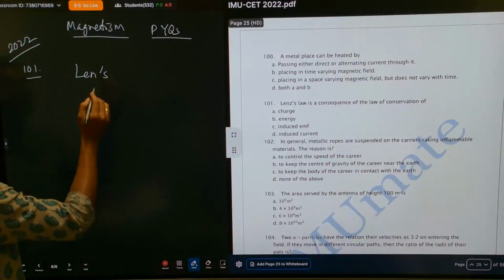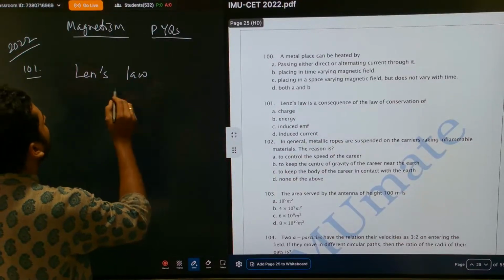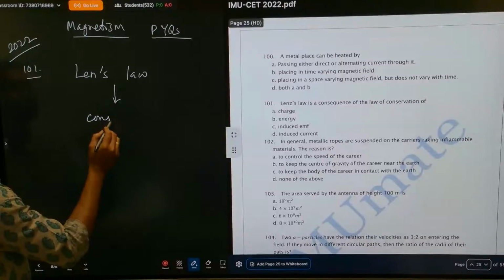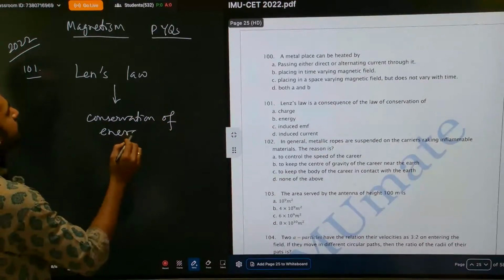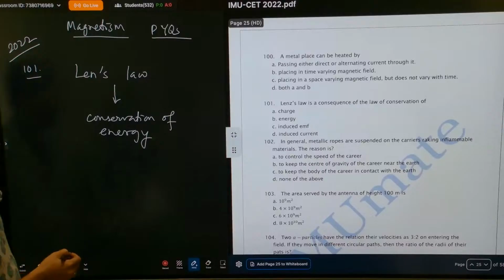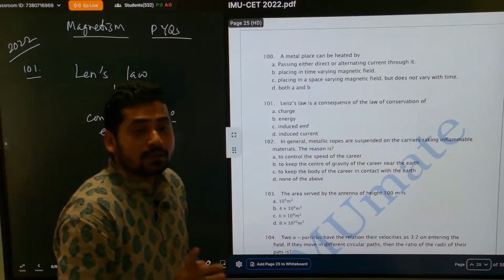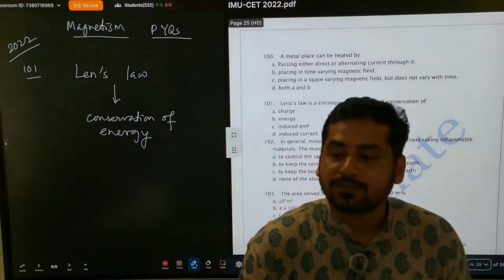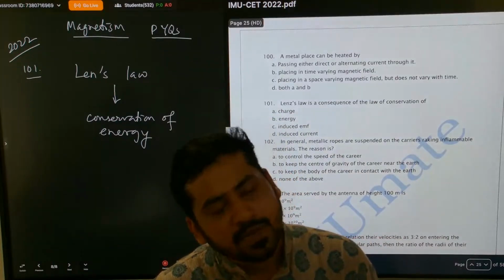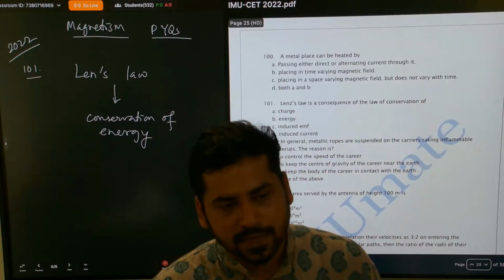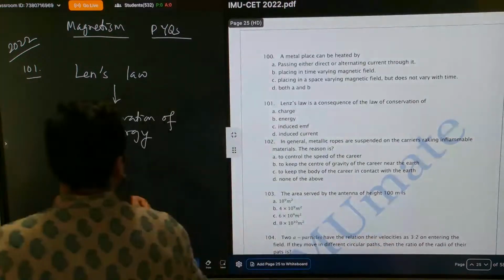All of you gave the wrong answer. Lenz's law actually indicates conservation of energy. Charge, never. Kirchhoff's first law is the conservation of charge. Kirchhoff's second law, conservation of energy. Similarly, Lenz's law is also a conservation of energy. We'll get into Lenz's law later.